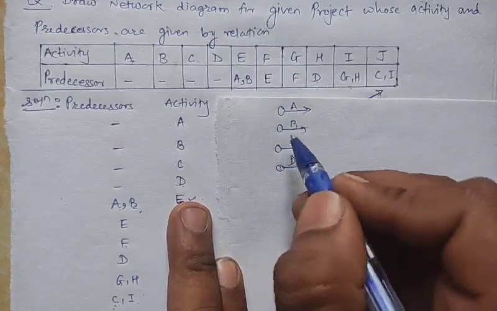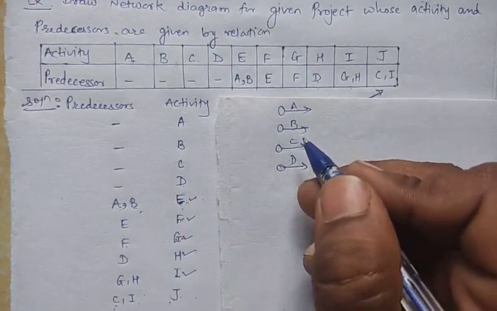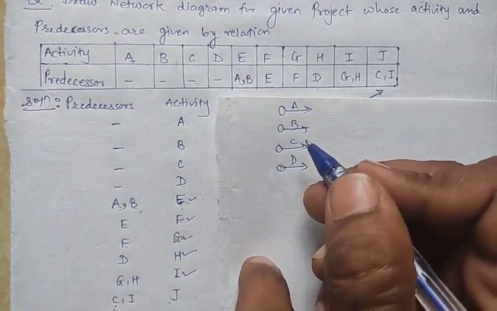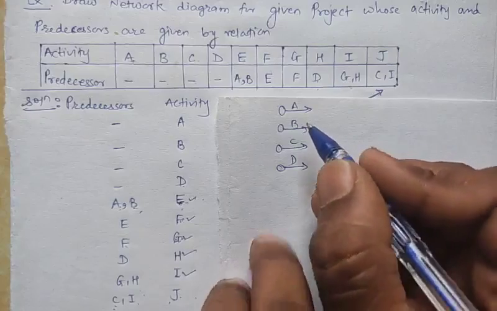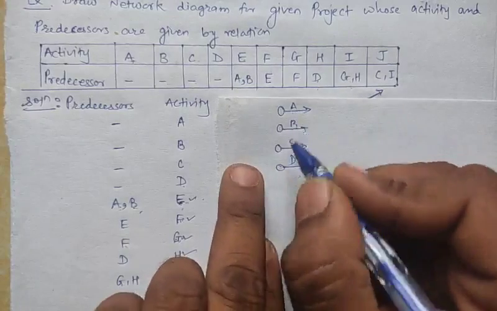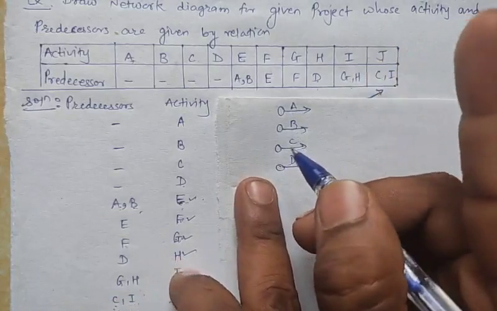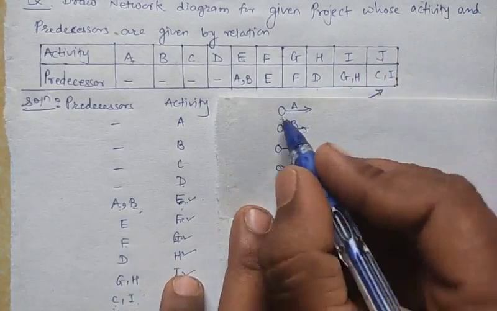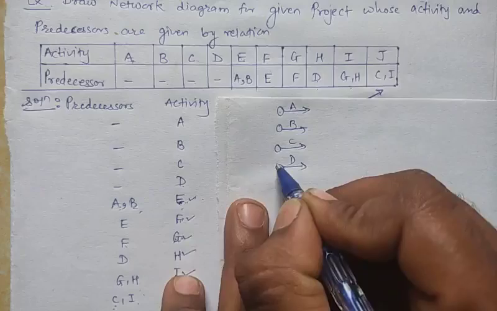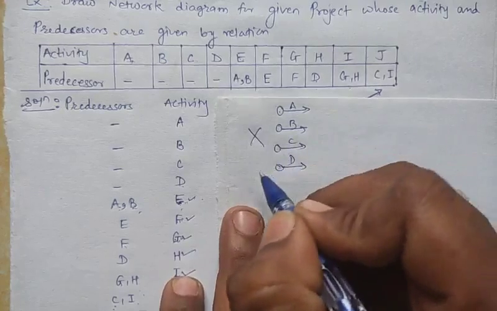But we know that in a network diagram there should be one and only one initial event and one end event. So there are four initial events here, so this is not the correct method.